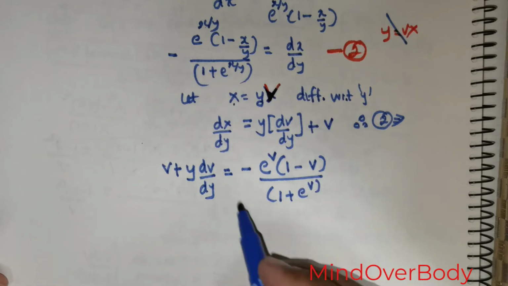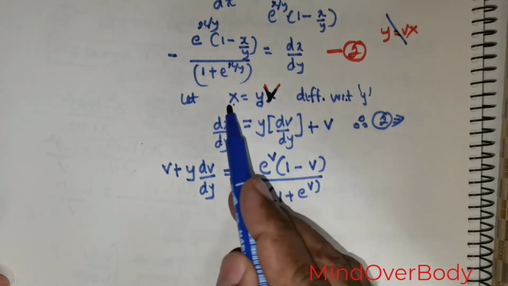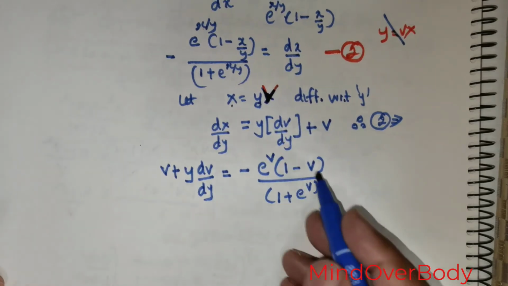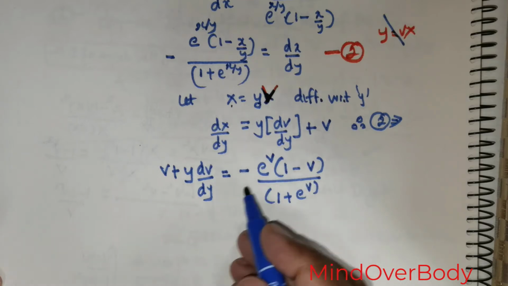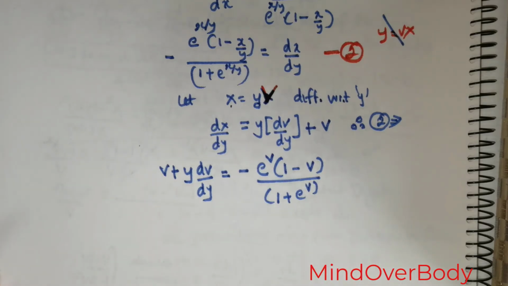Since x is equal to y times v, clearly x over y is equal to v. That is the reason I have made the substitution x is equal to y times v, because that would prevent us from complicating the substitution process.